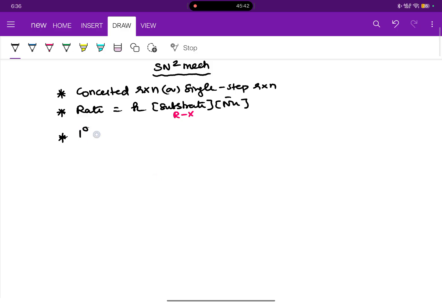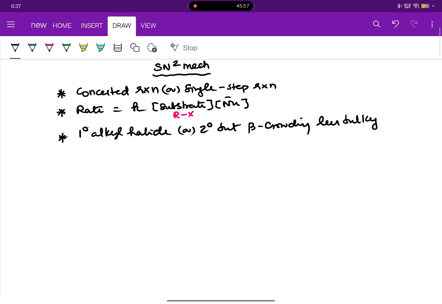So here, primary alkyl halides will undergo it mostly, or you can use secondary, but the beta crowding should be less bulky. Okay. What is the fourth point? Formation of carbocation. So I said that is the salient feature of that particular reaction, correct?